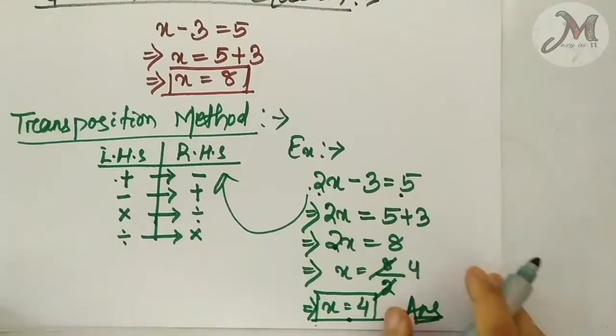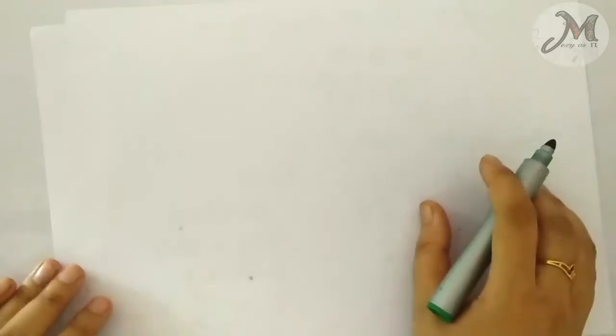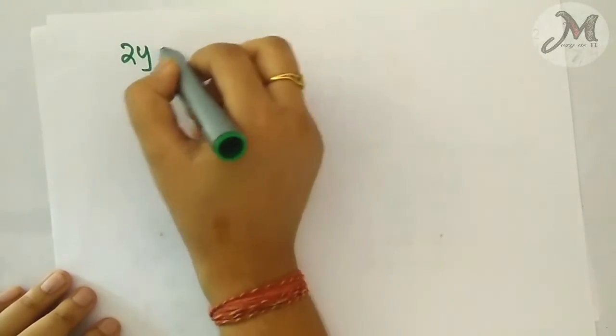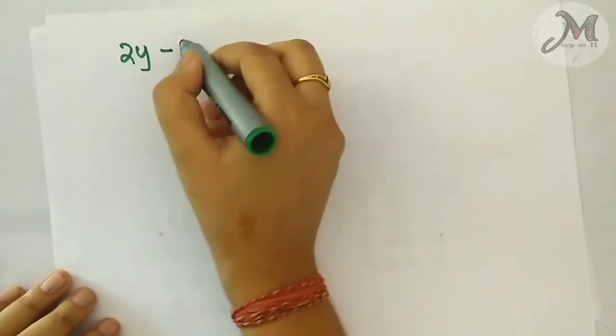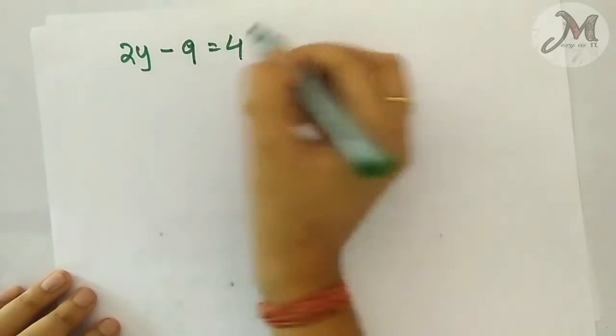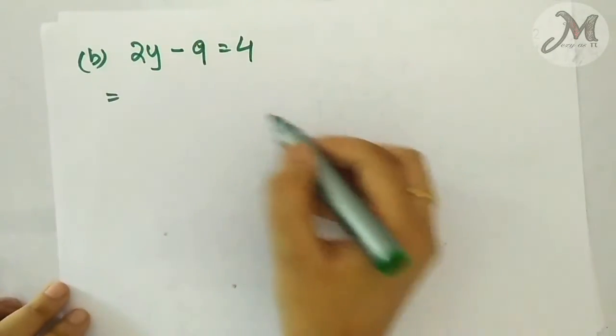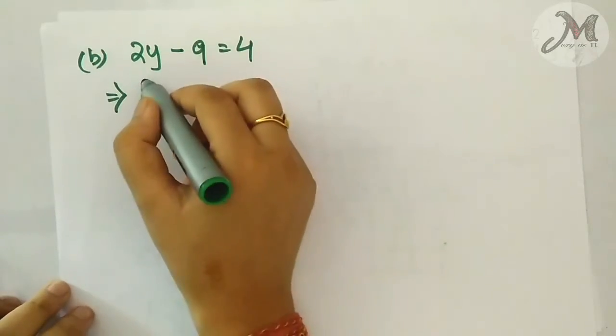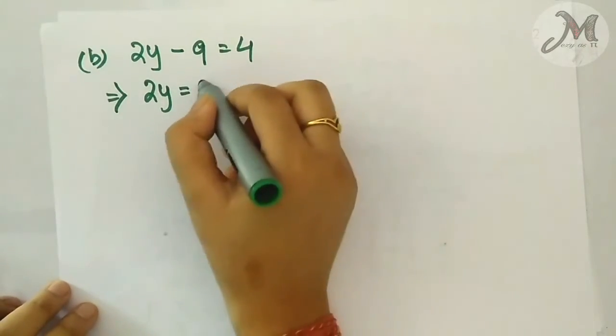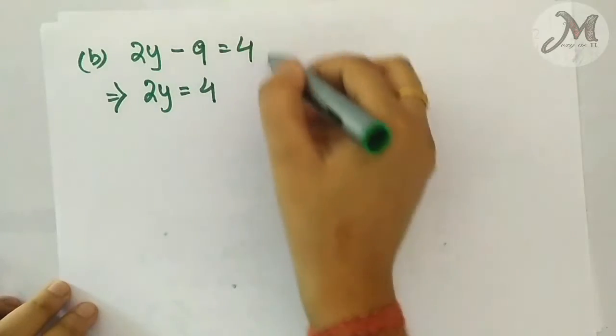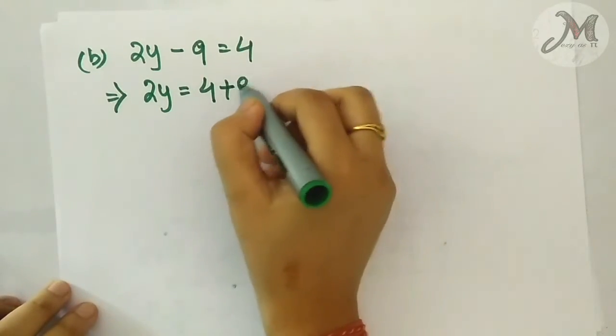Clear? Okay. Now we can solve another example. For example, 2y minus 9 is equal to 4. We can write 2y is equal to 4. Minus 9 will be transposed to the right hand side and it will become plus 9.